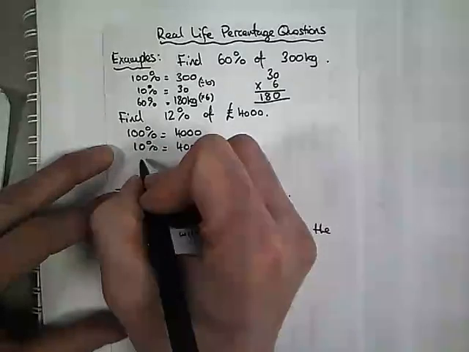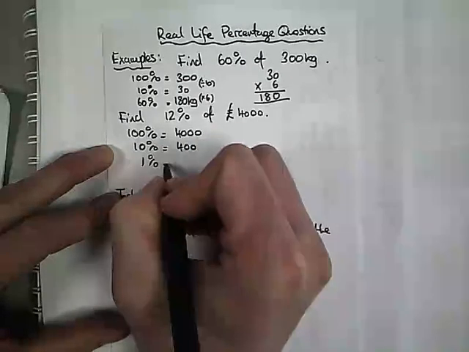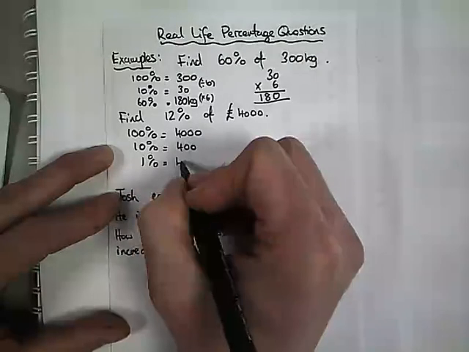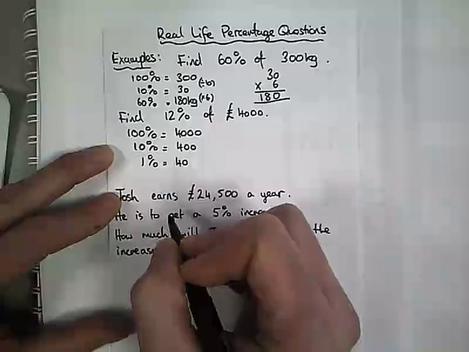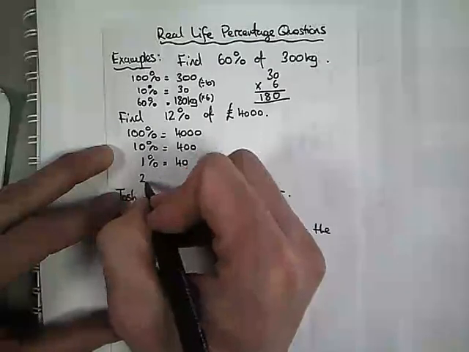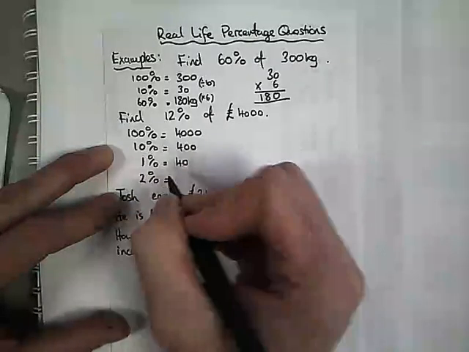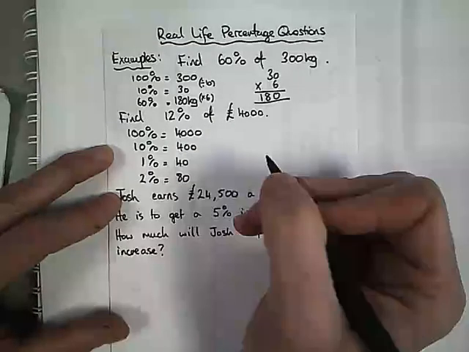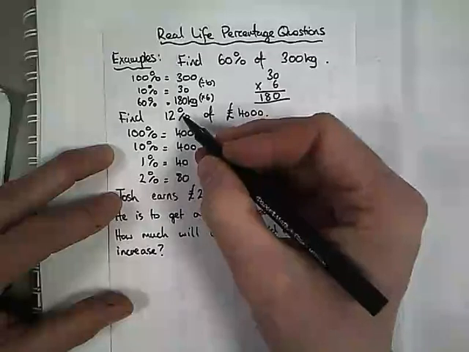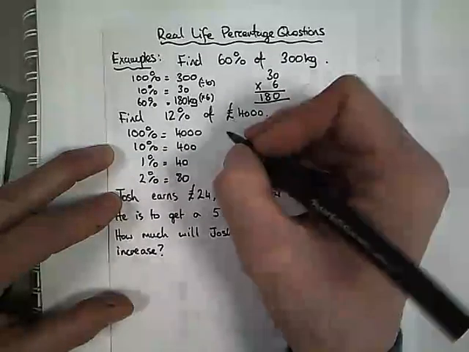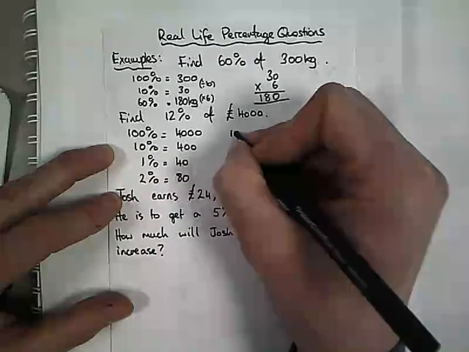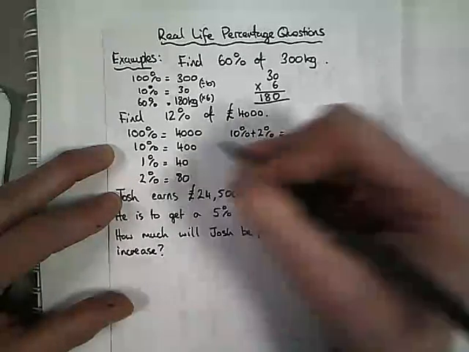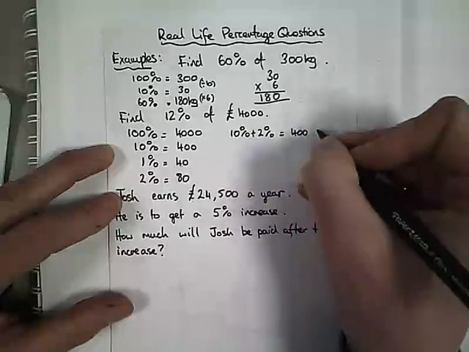So 1% would be to divide by 10 again. If I divide by 10 again, I get 40. Therefore 2% would mean I need to double my 1%, so I get £80. Now 12% is 10% plus 2%, so that will be equal to 400 plus 80.